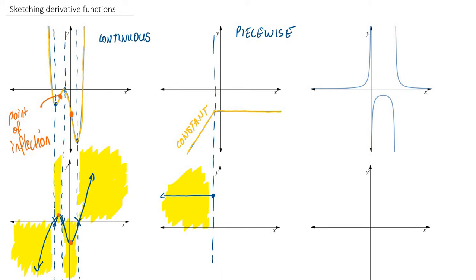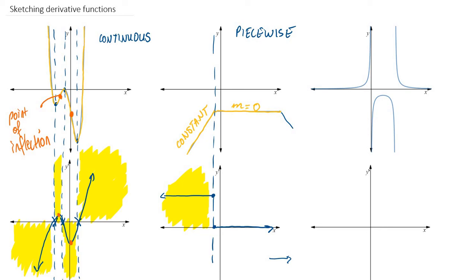When we look through here, this isn't a stationary point, this is a line with a gradient of 0, and so its derivative is always going to be 0. So they are both horizontal lines in the derivative. One is positive, one goes through 0. If we had a region that went negative, then we would have a constant negative gradient, as shown there.